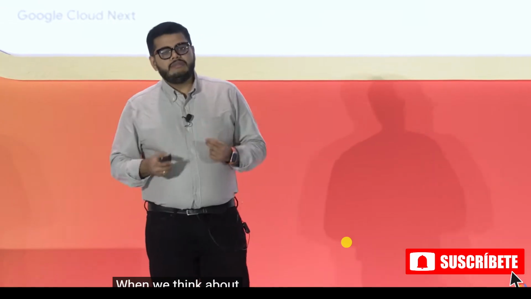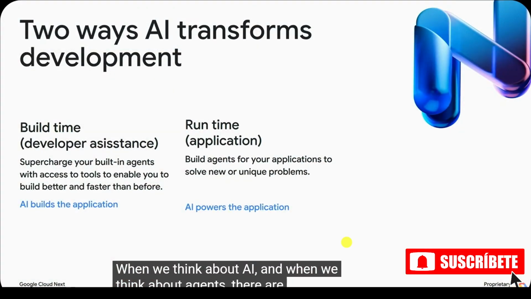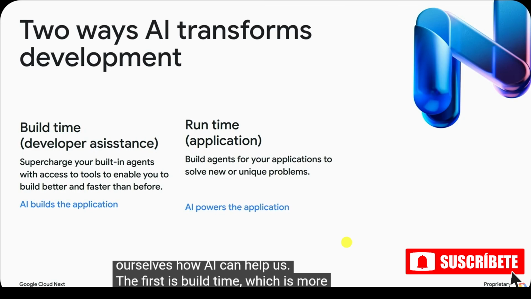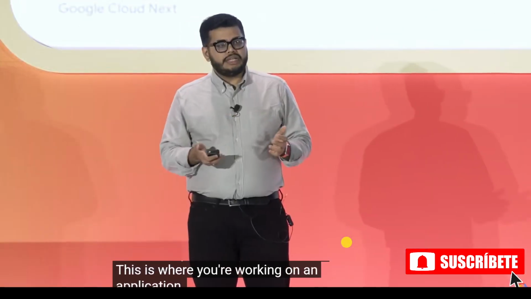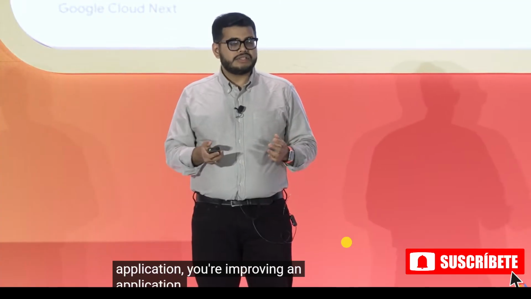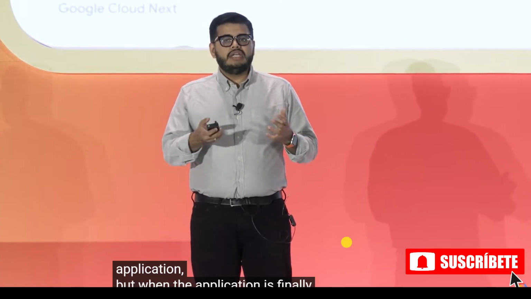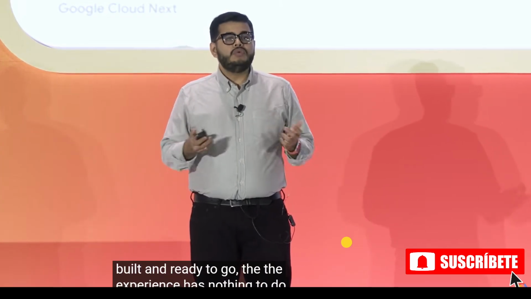When we think about AI and agents, there are two ways that we should frame how AI can help us. The first is build time, which is more of a developer assistance use case. This is where you're working on an application, improving an application, or even building a new application. But when the application is finally built and ready to go, the experience has nothing to do with AI.